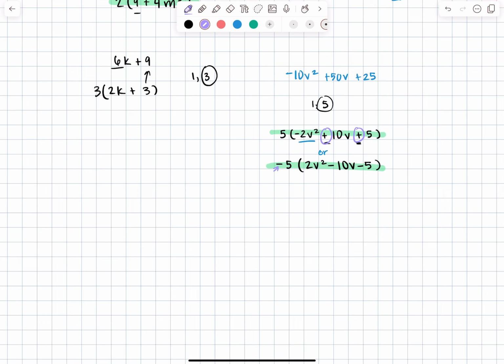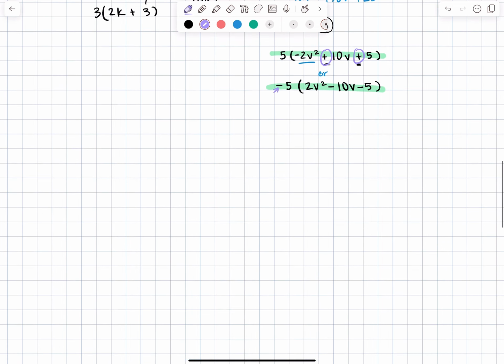Okay, so let's move on to another example. Let's say we had 9p to the 6th minus 18p to the 5th plus 36p cubed.